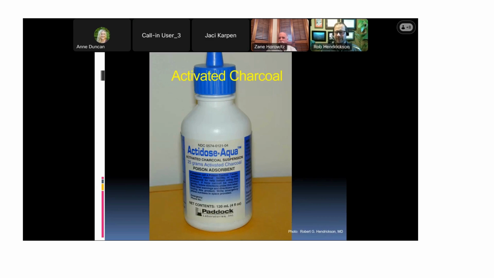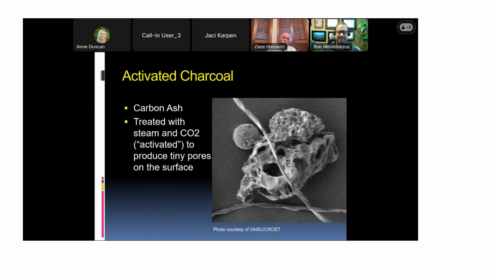Now we have activated charcoal and we're using it less and less. Trying to predict some of the questions you might have. Activated charcoal is actually just charcoal. It is burned organic matter. For some reason, I think based on one reference, people always love to say that it's from coconut husks, which I think is true, but you can burn anything and make carbon ash.